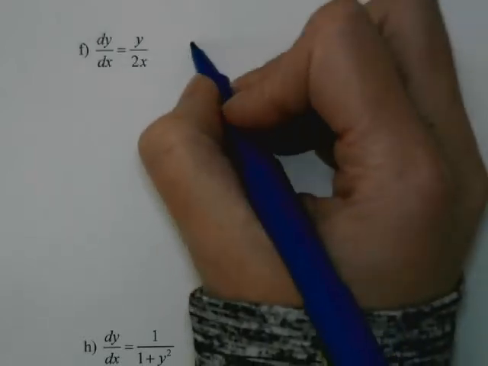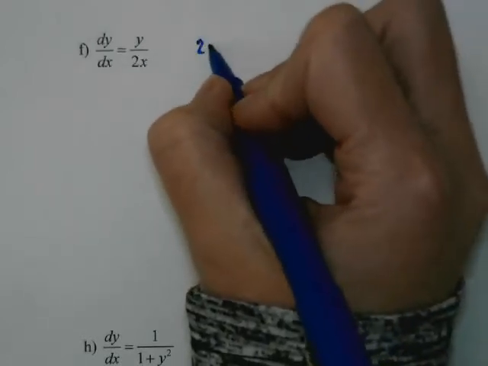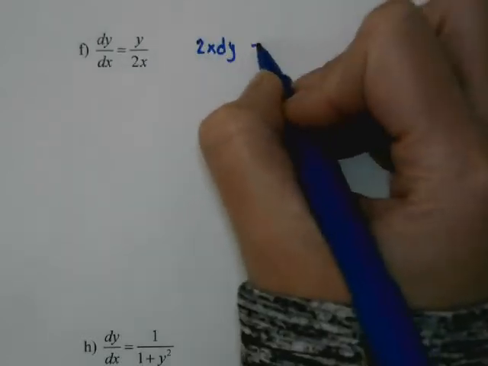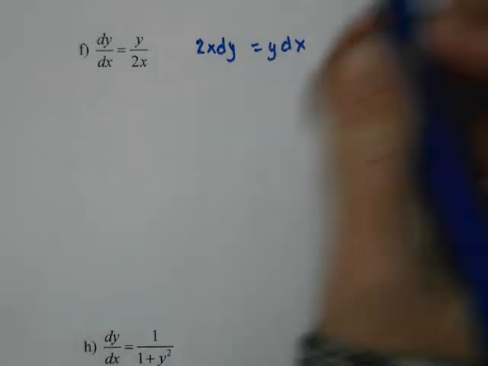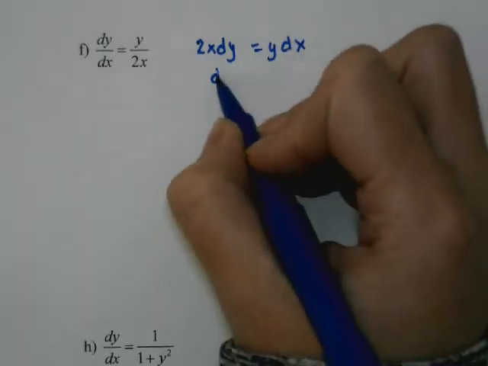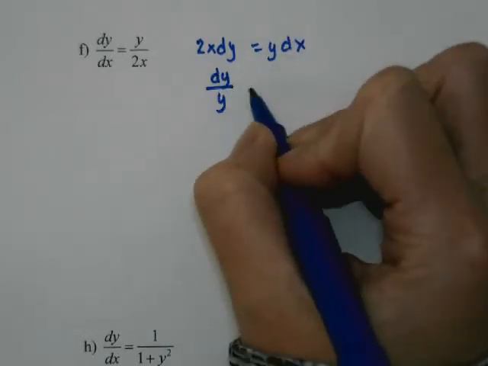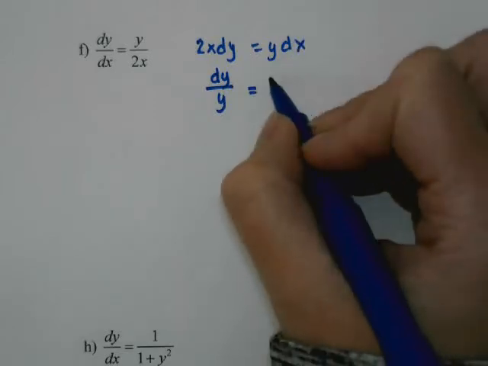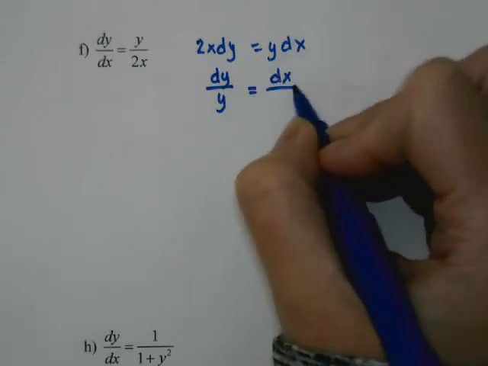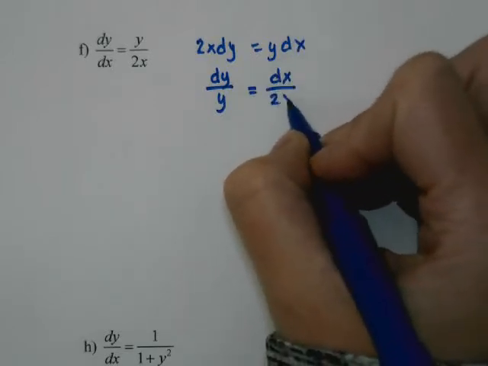This one, when we cross multiply, is going to be 2x dy equals y dx. So then to separate it, we're going to have dy over y is equal to dx over 2x.